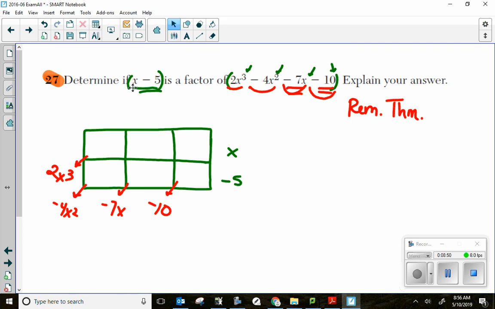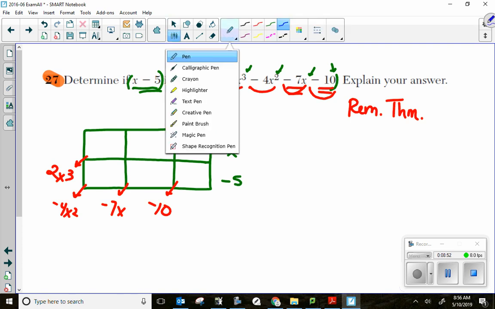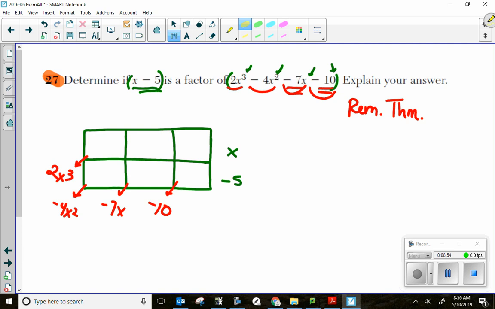All right, let me remind you, this box should output 2x cubed. So this has to be 2x cubed. What do I multiply x by to get 2x cubed? 2x squared times x. Now I can figure out what's in here. I can multiply my 2x squared times negative 5, get negative 10x squared.